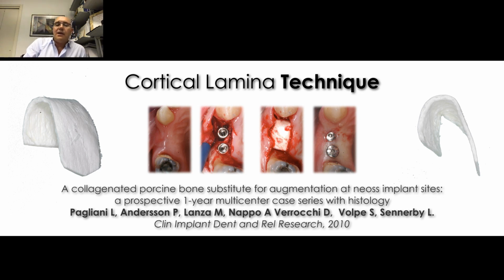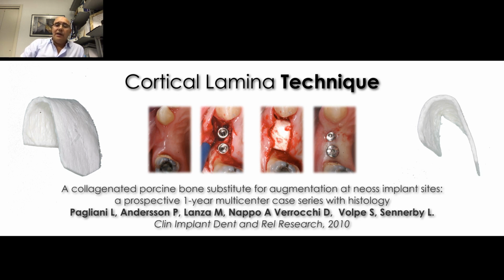The cortical lamina is a porcine collagenated bone graft that works exactly like a membrane, but is a membrane that is made of cortical bone. So it's fantastic, because whenever I need to do a regeneration of a large area, horizontal or vertical, if I have the good anatomy, this is a fantastic help.